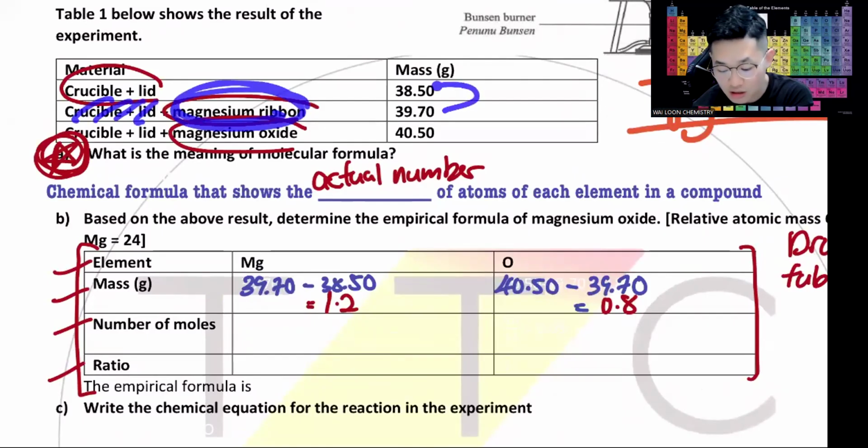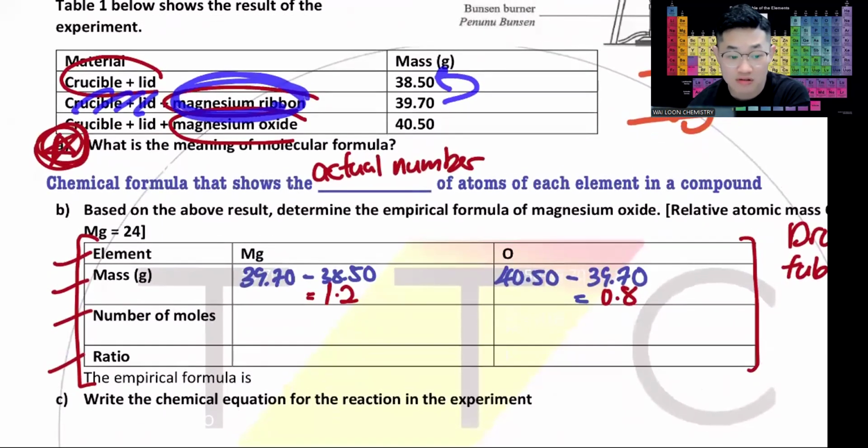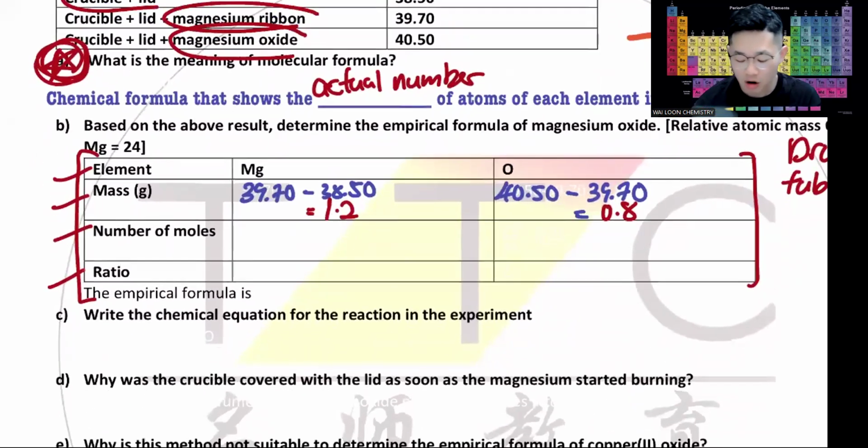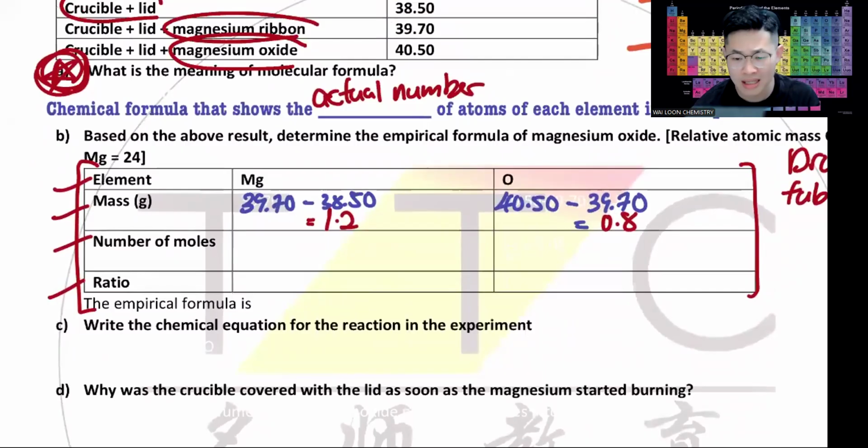Then I minus off the crucible and lid, 39.7 minus 38.5. That's how I get the 1.2. Number of moles will be 1.2 divided by the atomic mass 24. And then I will be getting 0.05.